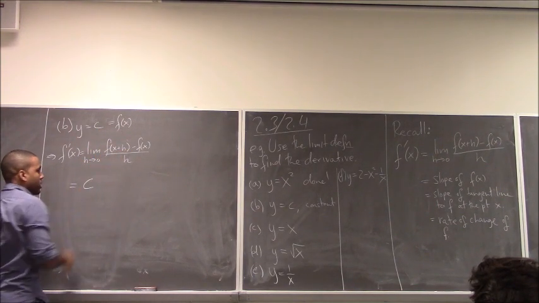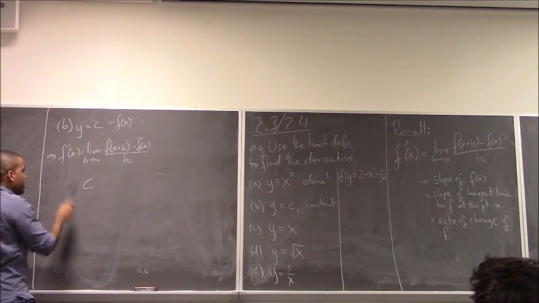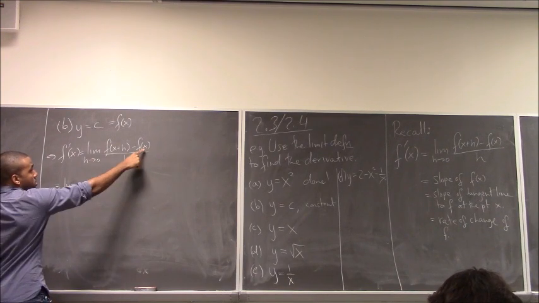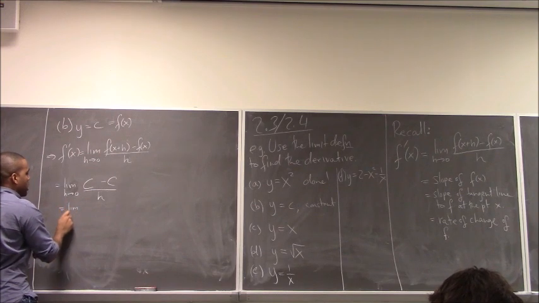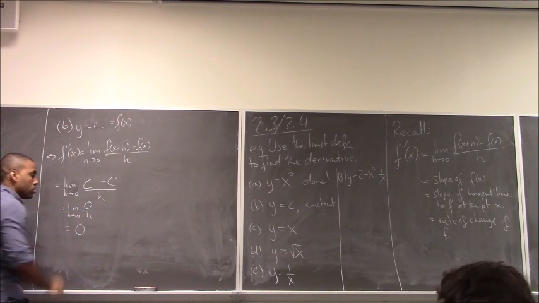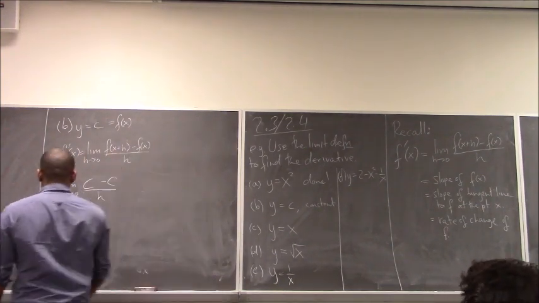It's c, right? The constant itself is going to be the same thing. There are no x's to plug in, so it doesn't change. Similarly, f of x is c. So this just gives you the limit as h approaches 0 of 0 over h. Well, that's just 0.